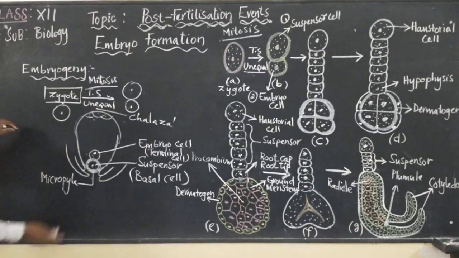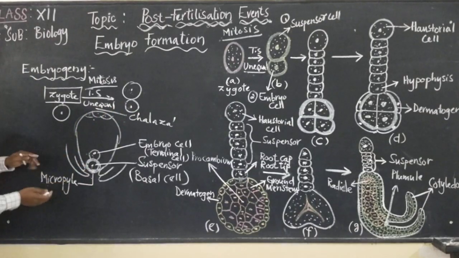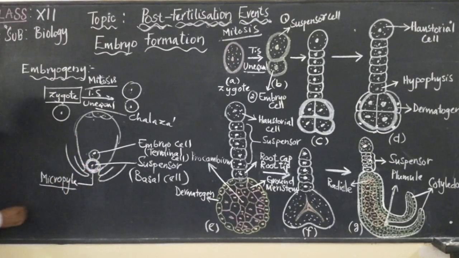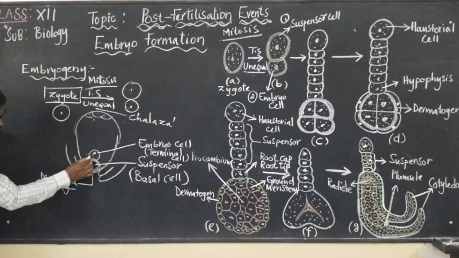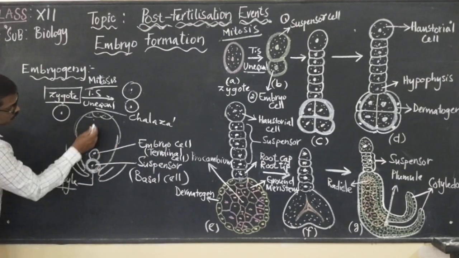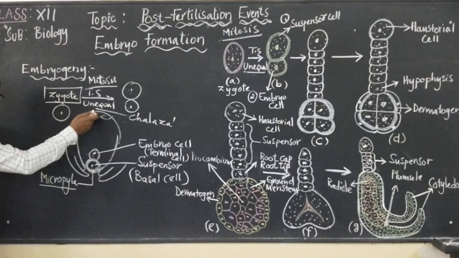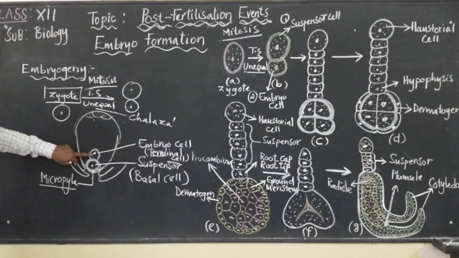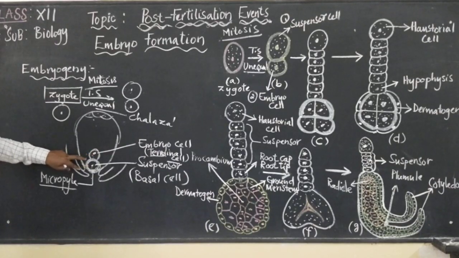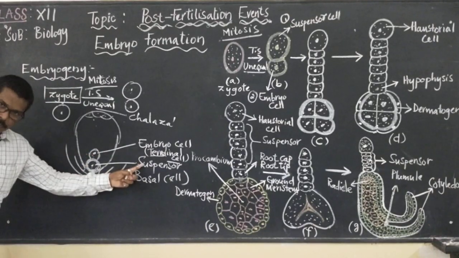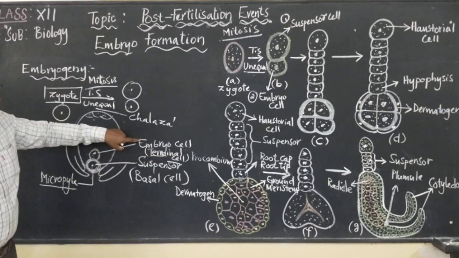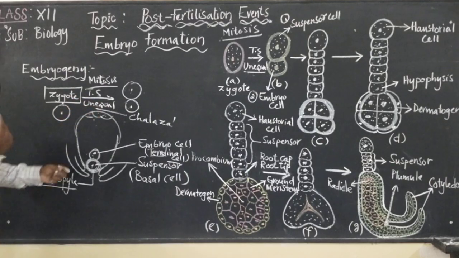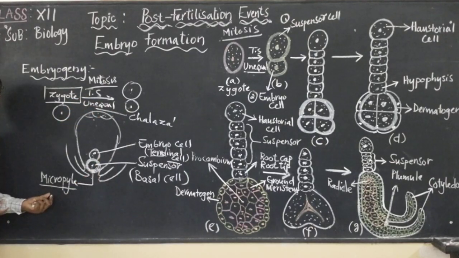Their position in the ovule: the basal cell is at the micropyle region, whereas the small cell is towards the chalazal region or antipodal cells. So the basal cell is called the suspensor, and the terminal cell is called the embryonal cell. The embryonal cell is towards the chalazal region, whereas the suspensor cell is towards the micropyle region.